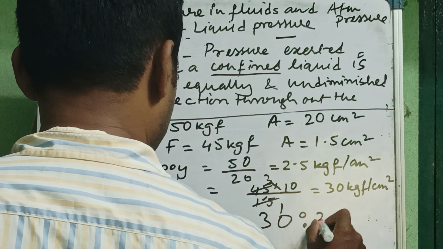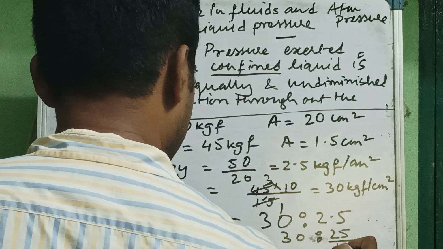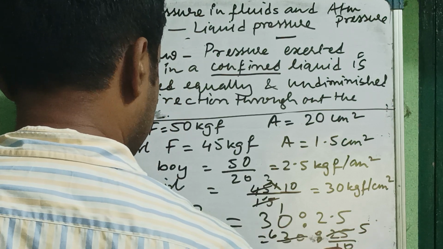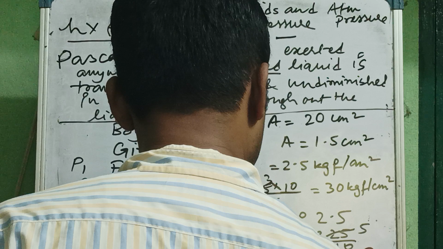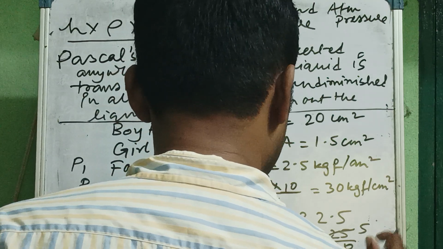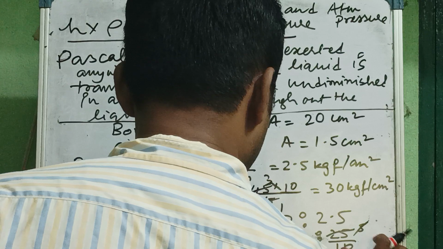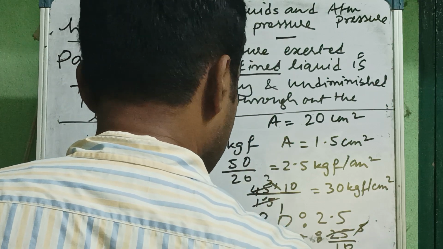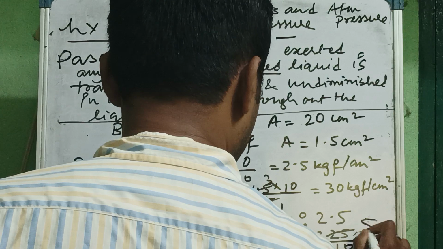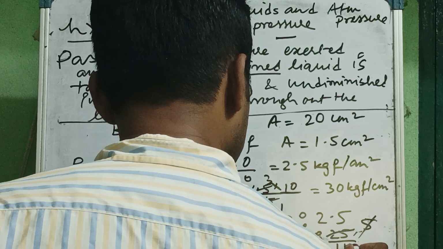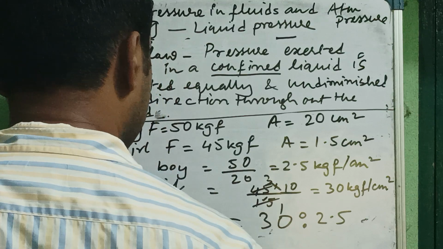So that is 30 is to 2.5, which is 30 is to 25 by 10. 5 5s are 25, 5 6s are 30. Now this 5 cancels.